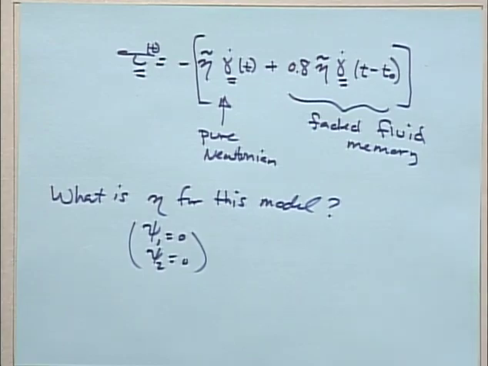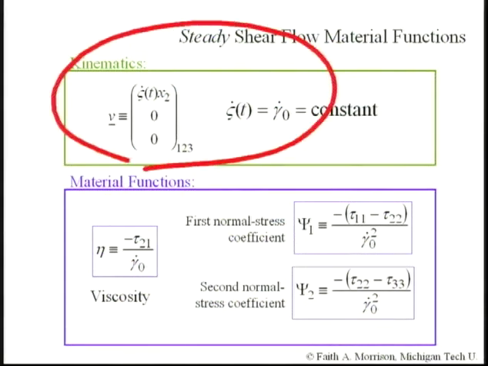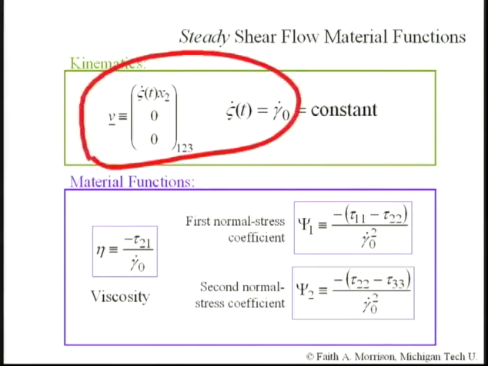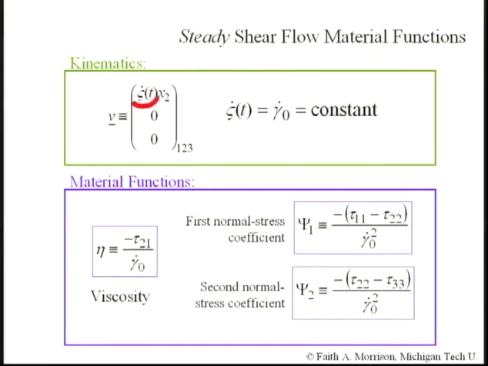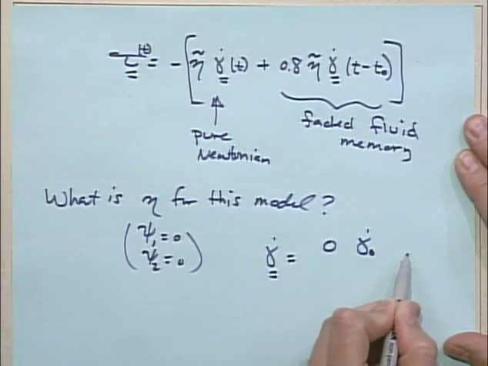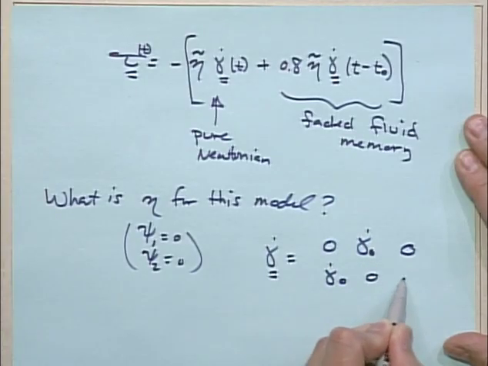Okay, so here's our kinematics. And we actually have done this so many times, maybe you'll remember what del V plus del V transpose is. Okay, it's got just this function, which is a constant in this case, in the 2,1 and 1,2 positions. Okay, so gamma dot for this flow is 0. This is the steady version, so I can just put gamma dot naught right in here.